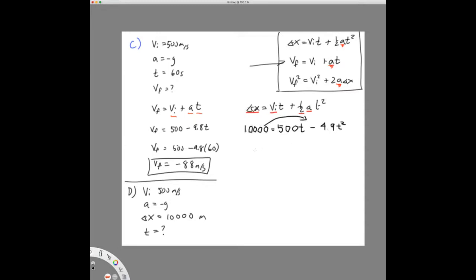So let's do this. Go ahead and try to work out the number for T on your own while I continue to try to fix my technological issue.